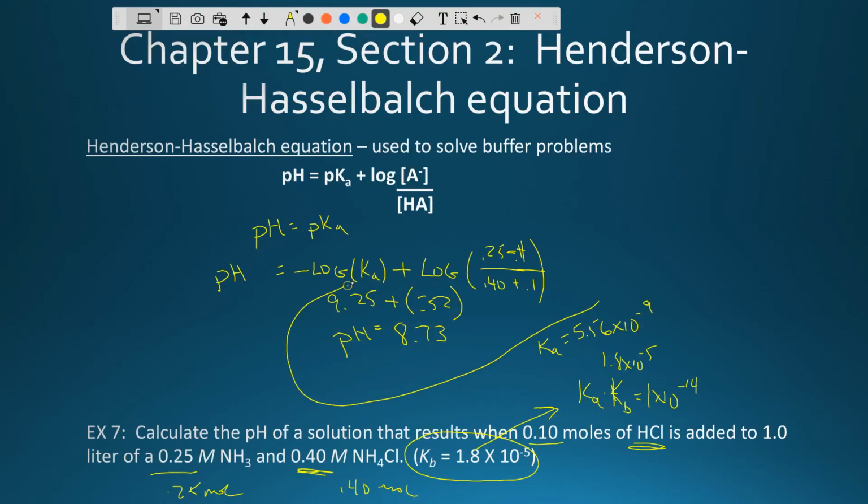Okay, and so that's the value that I put in right there. If I went with my 1.8 times 10 to the negative 5, you'd be solving for a pOH. Then you'd have to subtract that from 14 to get my pH from there. So that's just clarifying a little bit of that, and I think you've got enough to be able to do your Henderson-Hasselbalch.